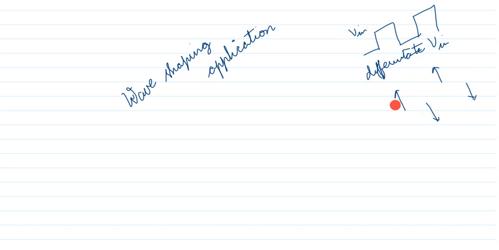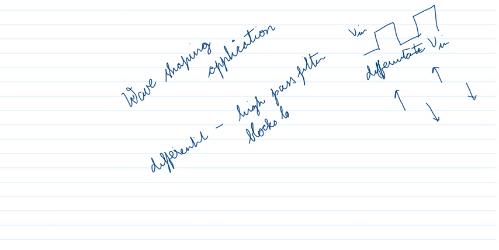As I mentioned earlier, the differentiator is a high pass filter, that is, it blocks low frequency and permits high frequency.